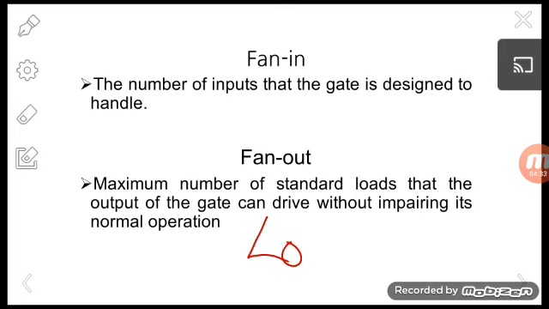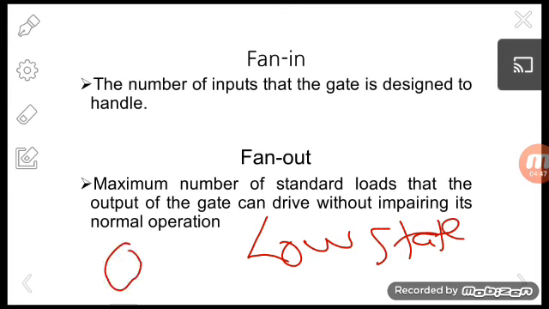Low state fan out is the number of loads we can connect to the output of a gate when the output is at low, that is, at a logic 0 value. So the two fan outs are the high state fan out and the low state fan out.